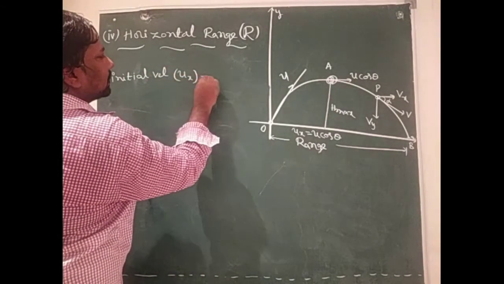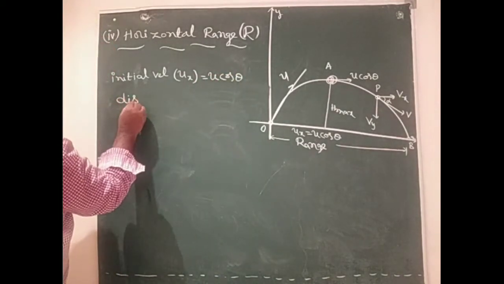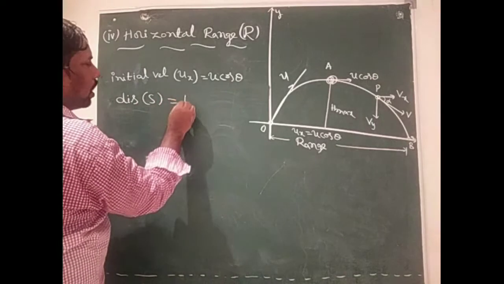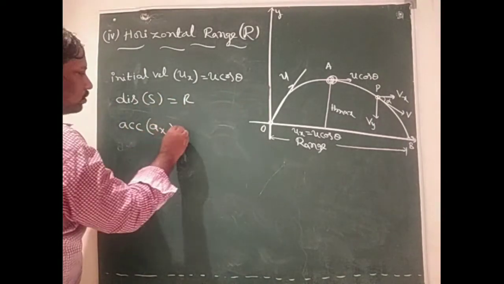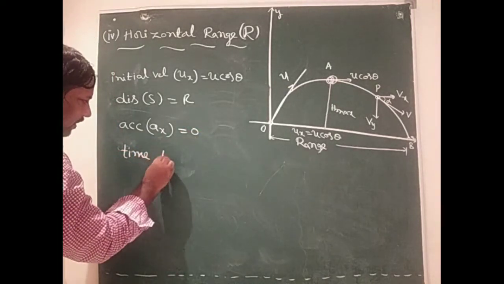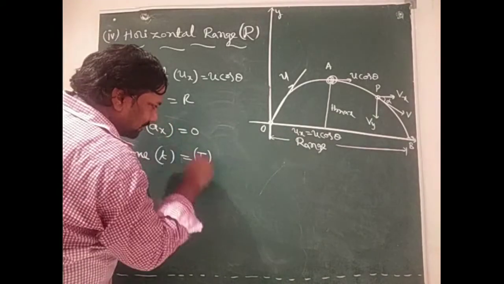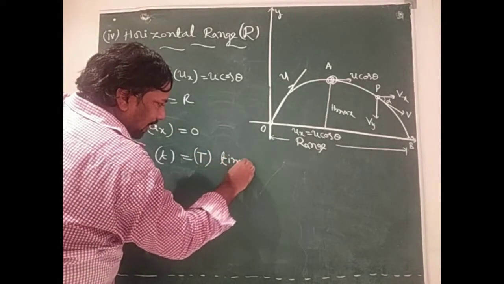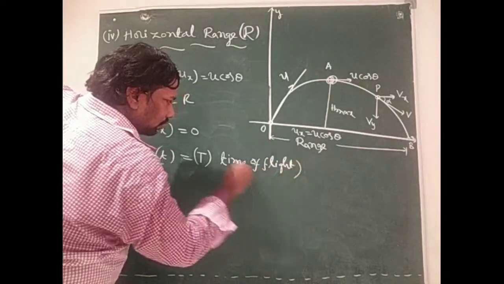u_x is u cos theta, displacement s equal to R, acceleration a_x equal to 0. Next time t equal to capital T. So capital T means time of flight. Okay.